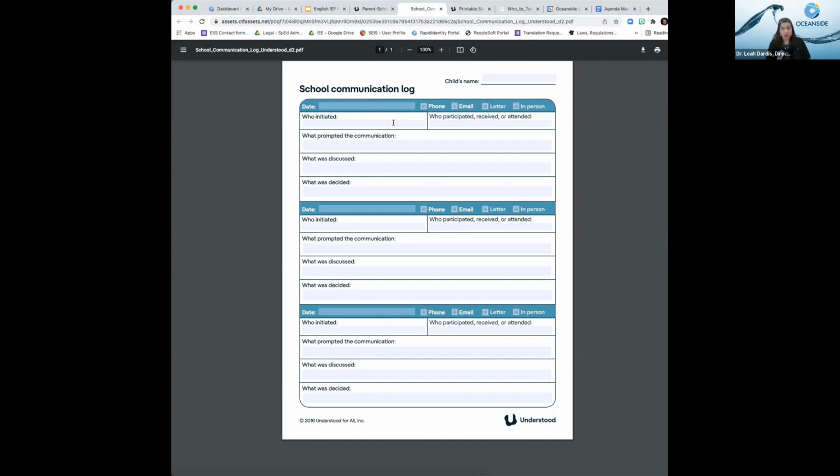And so having a way to write down what was discussed and what was decided is really important. When you have so many people to keep track of, I sometimes forget that I've already told one person something and think that they've told everybody else and they haven't, or think that I've told everybody and I really only told that one person. So even I struggle sometimes with that communication. Having a way to write it down to keep track of it is important.